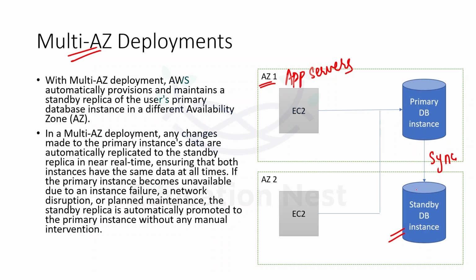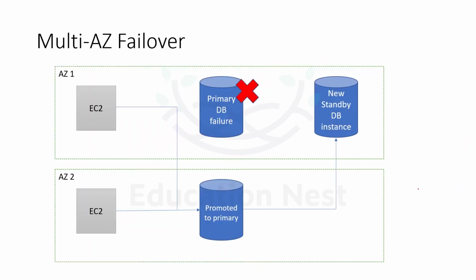Now, if by any chance the primary database instance fails in the first availability zone, then what will happen? Our standby database instance would be automatically promoted to primary.